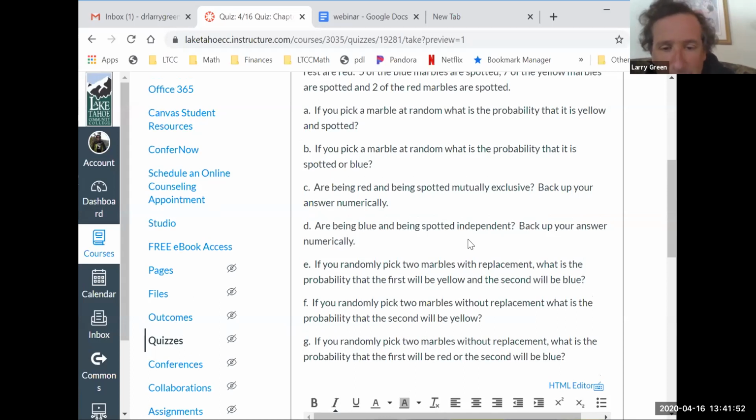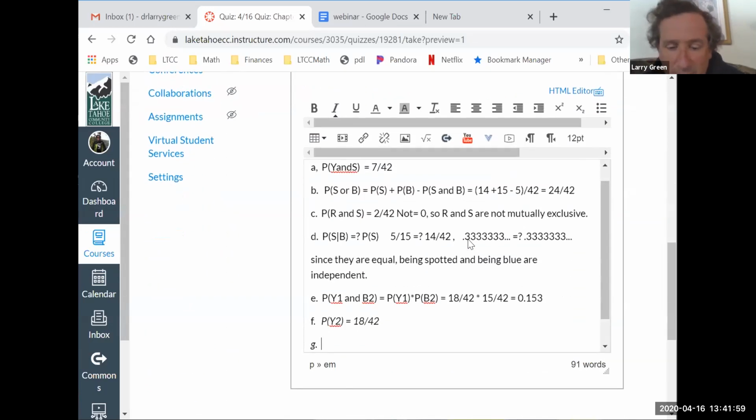You randomly pick two marbles without replacement again. What's the probability the first will be red, the second will be blue? So let's write symbols, probability the first is red, I'll call that R1, and the second is blue, B2.